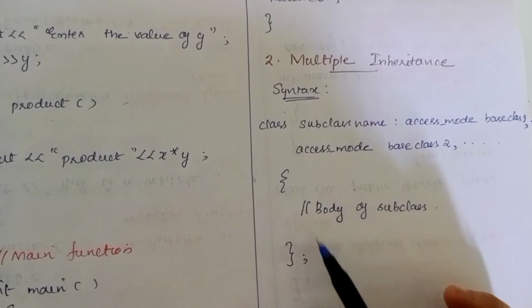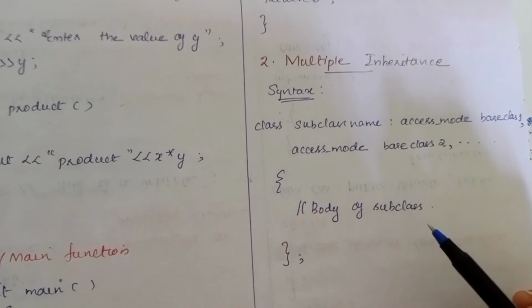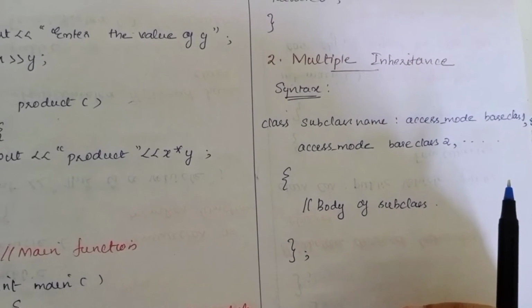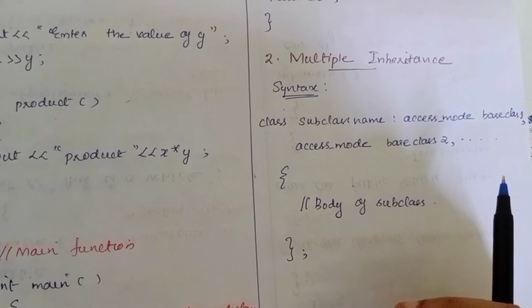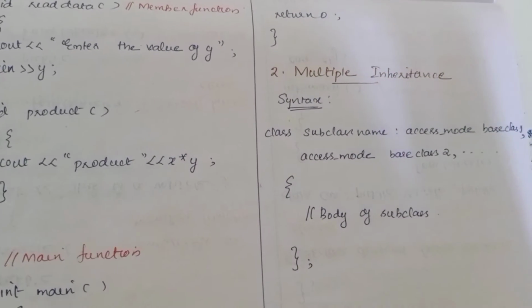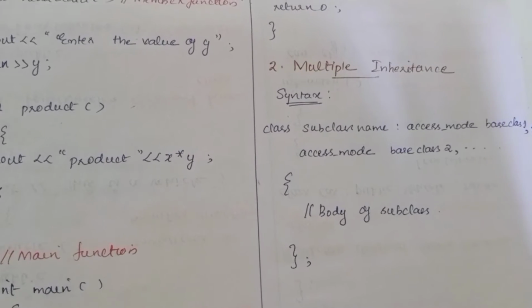Then inside that we can give the body of the subclass. So this is the syntax of declaring the derived class in multiple inheritance. In multiple inheritance there is only one derived class, but it can have any number of base classes.